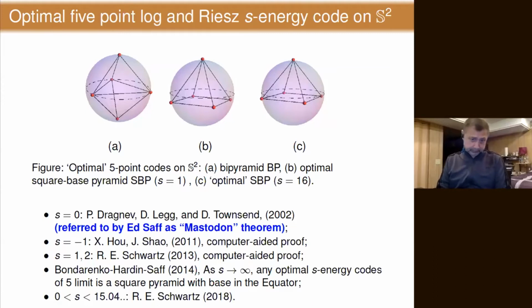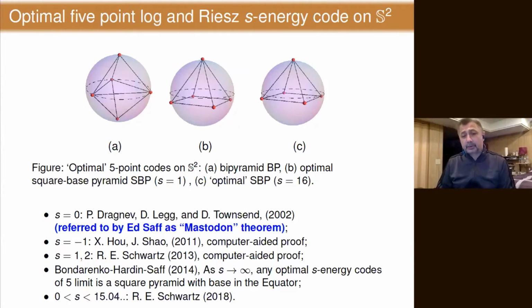So when s is 0, I proved, along with two of my colleagues from the university, that the bipyramid is the optimal configuration. It minimizes the logarithmic energy. And later on, when more people started studying the 5-point problem, Ed Saff referred to this as the Mastodon Theorem. That's where the name comes from.